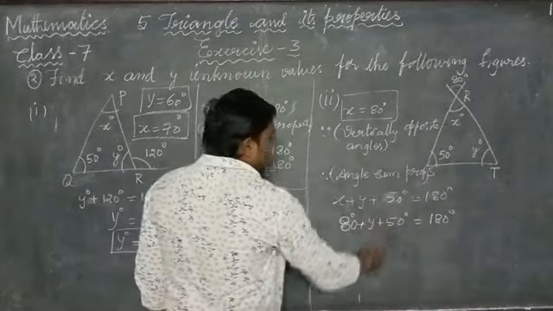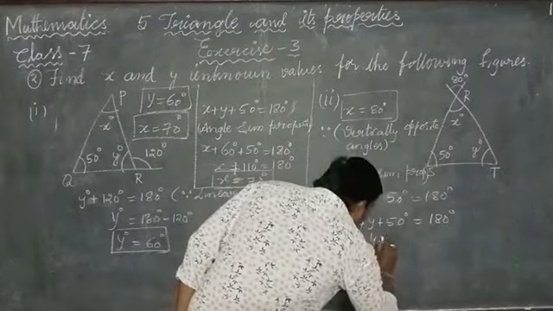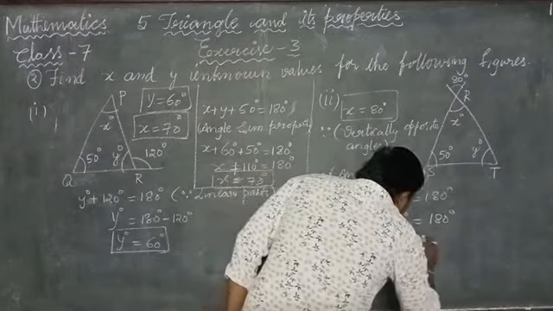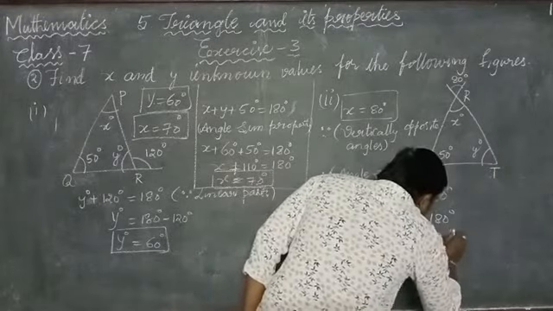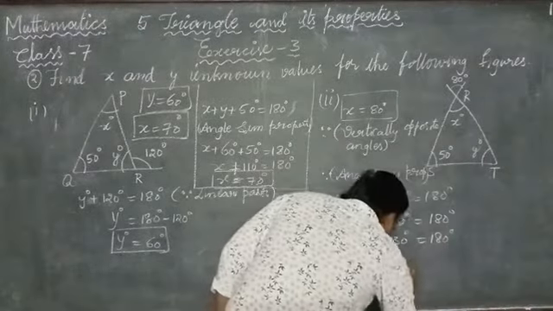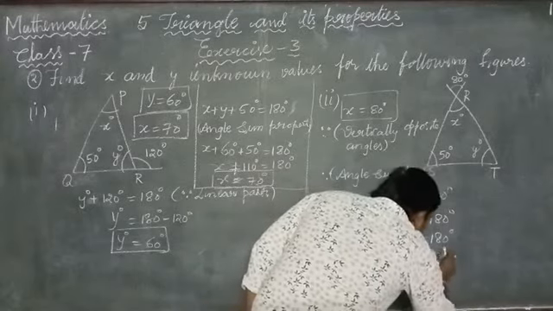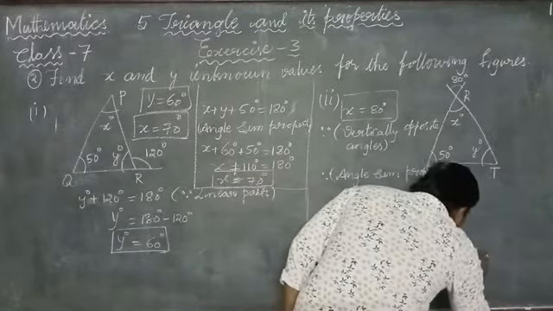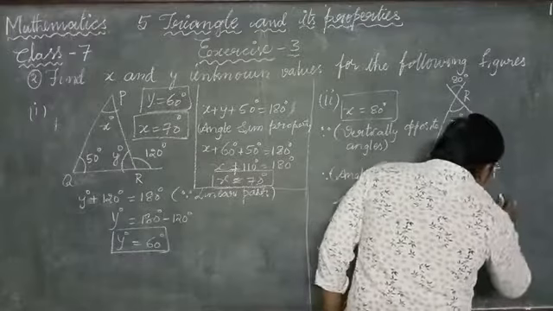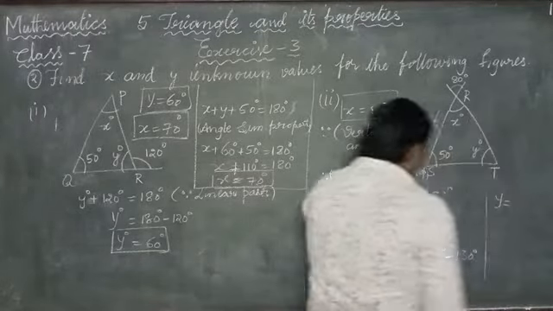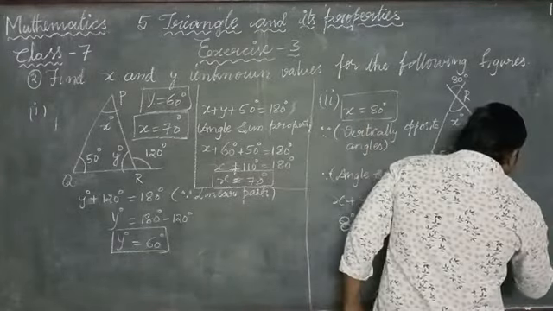Here 80 plus 50 means 130, equals 180 degrees. Then y equals 180 minus 130 degrees. Finally, y equals 50 degrees.